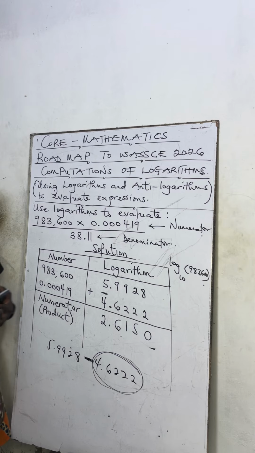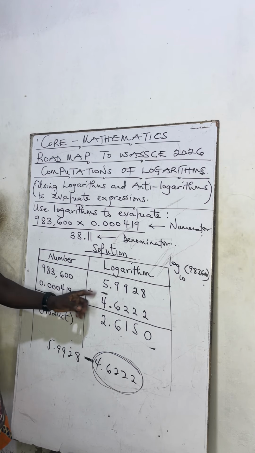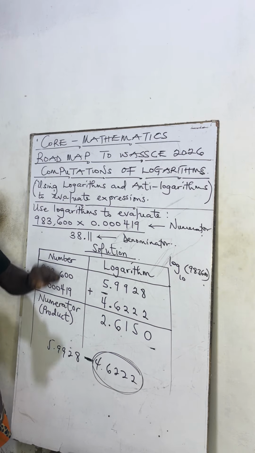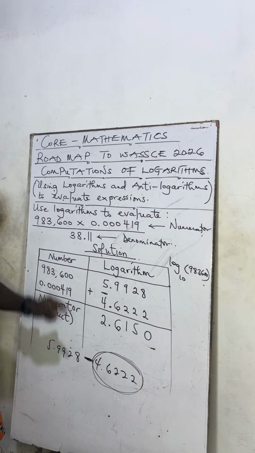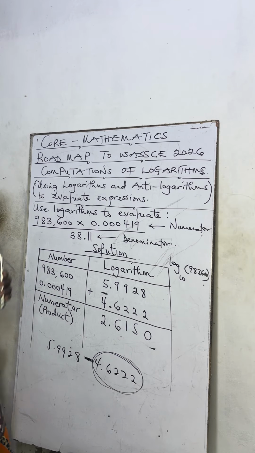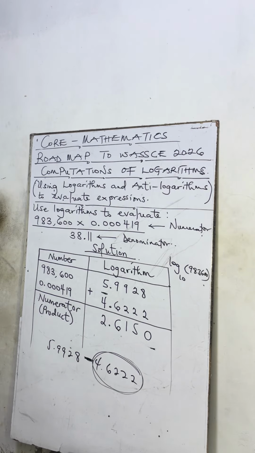And mind you, you are dealing with logarithm, and logarithm is not saying that this negative has to affect the whole number. Logarithm is telling you that the negative has to affect only 4. So if you are punching it on your calculator, you must be very, very mindful about how to punch it.